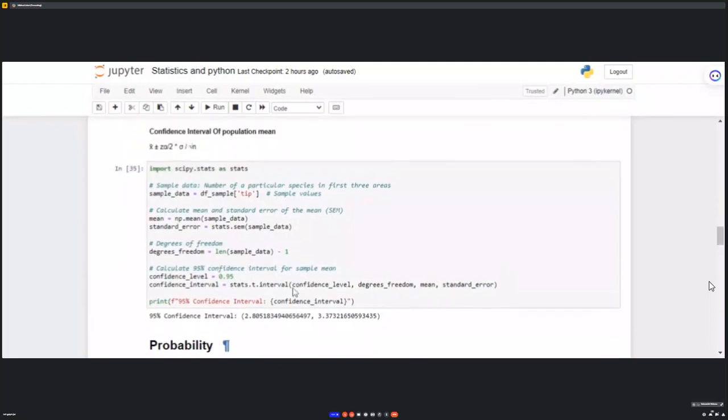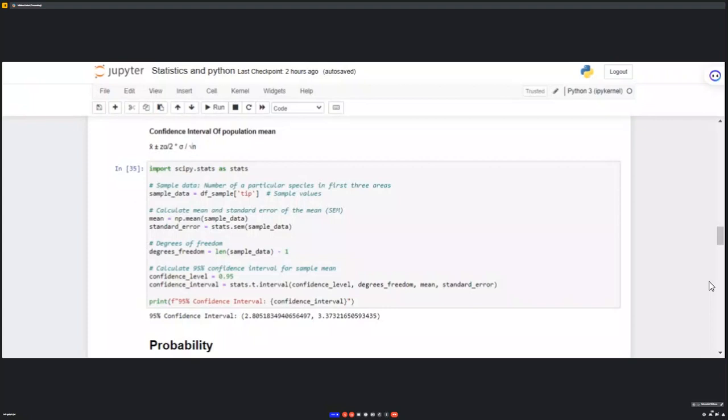So here we're going to calculate the confidence interval of the tip column of our data set. What we need to do is first calculate the mean. Here I just sliced the tip and assigned it to a new variable called sample data.